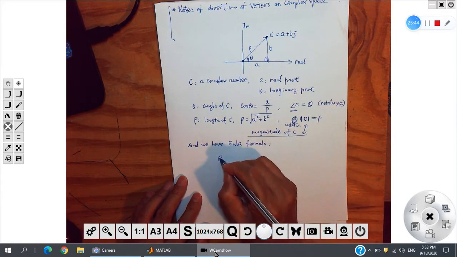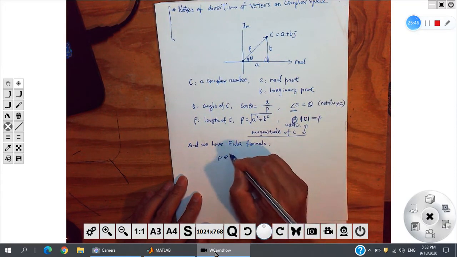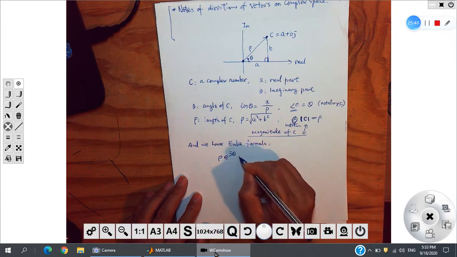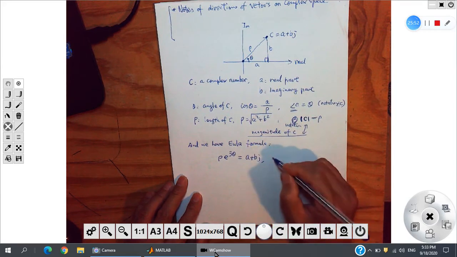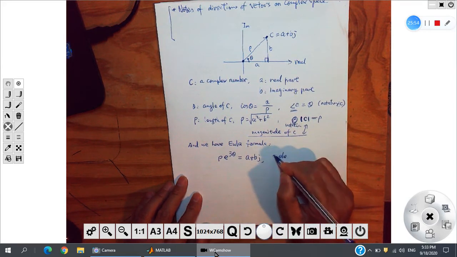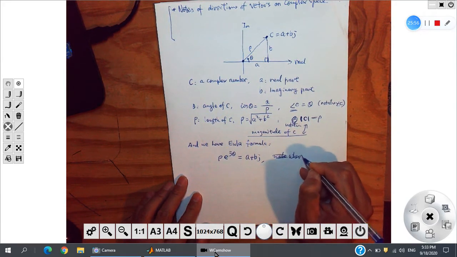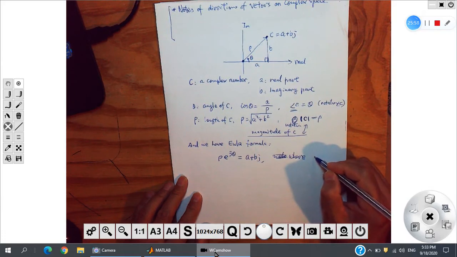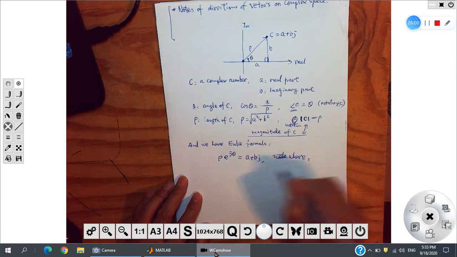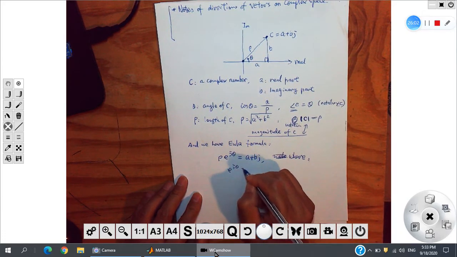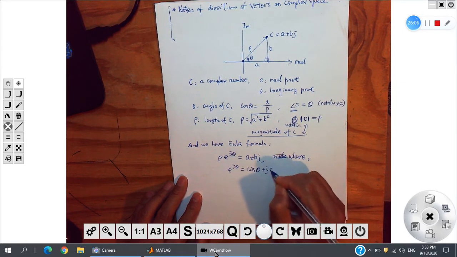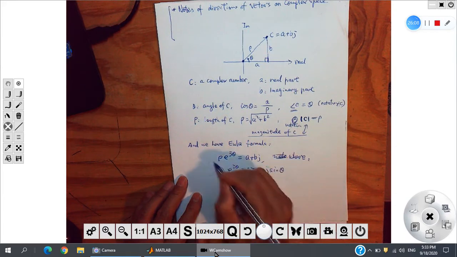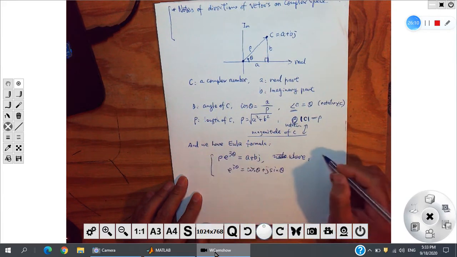Rho times e to the j theta equals a plus bj, where e to the j theta means cosine theta plus j sine theta. We have this.